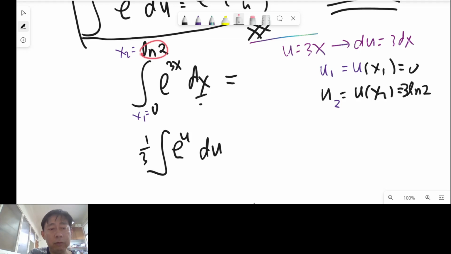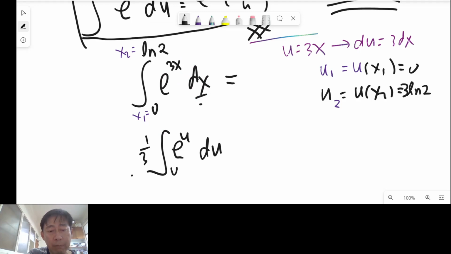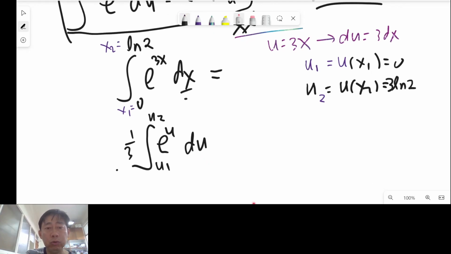But I also have to translate the limits of x. Therefore x1 becomes u1 and x2 becomes u2. So now this is equal to 1/3 of e^(u2) minus e^(u1).